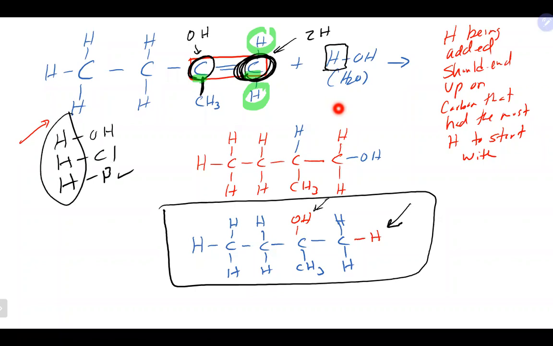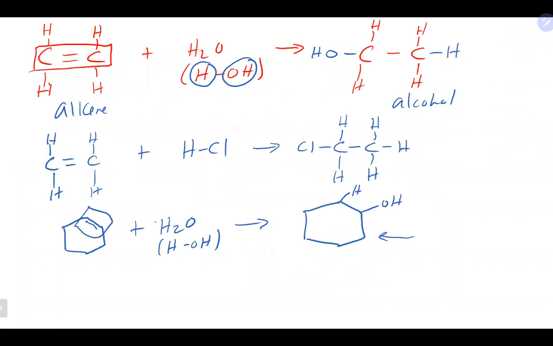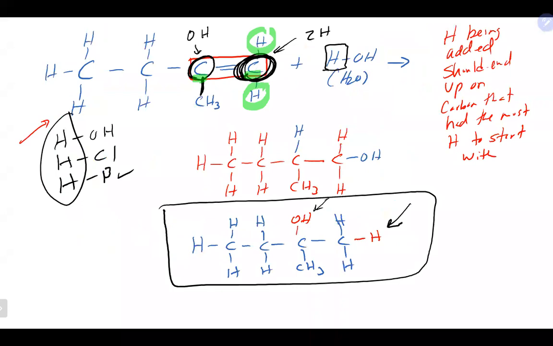The H in all those additions should end up on the carbon that had the most hydrogens to begin with, if there is a difference. In this case there was no difference: this carbon had two hydrogens and this carbon had two hydrogens, so it does not make a difference. But when there is a difference, the hydrogen coming in should always end up on the one that has the most hydrogens to begin with. And if it doesn't make a difference, like in the first examples, you could add it either way. It's all good because it's basically the same molecule if you turn it around.